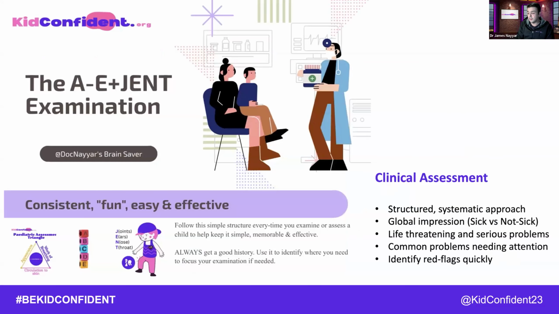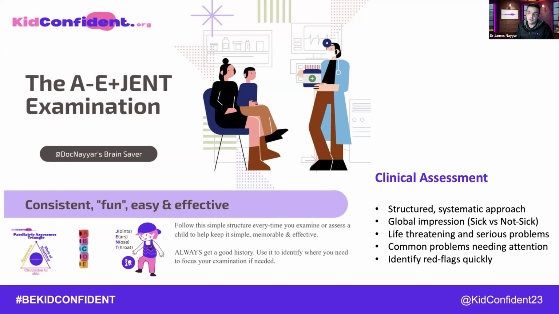So the KidConfident approach to assessment is a structured, systematic and confidence building framework. It's a little bit made up by me, but most of the components are things that you'll be familiar with. So it's starting off with the paediatric assessment triangle, moving on to an ABCDE examination and approach to your patient.